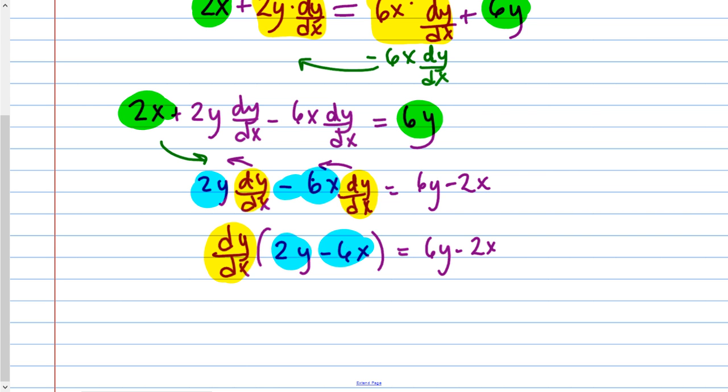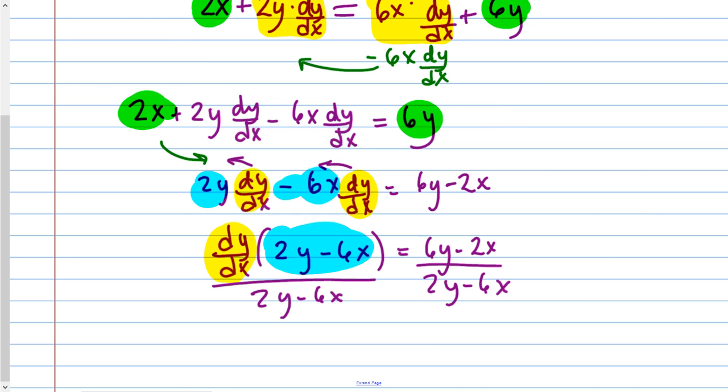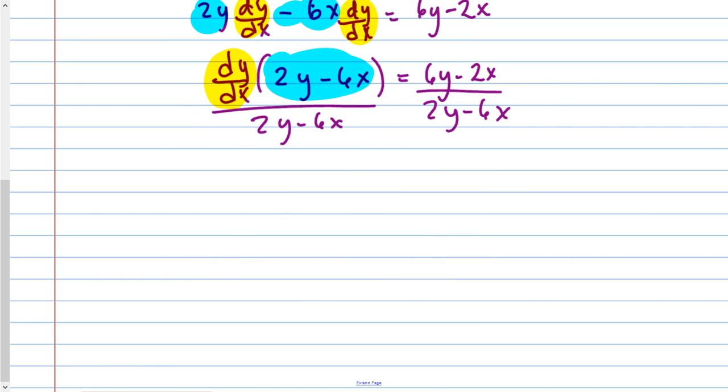Since this whole thing is being multiplied by dy dx, I'm going to divide by 2y minus 6x, and whatever I do to one side, I must do to the other. So now this goes away, I have dy dx all alone, and that's going to equal 6y minus 2x over 2y minus 6x.